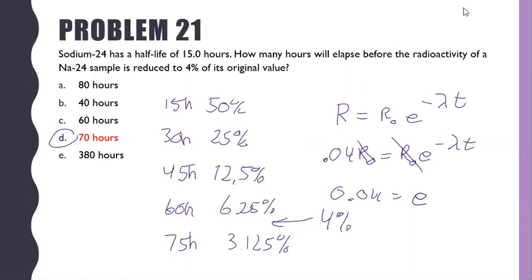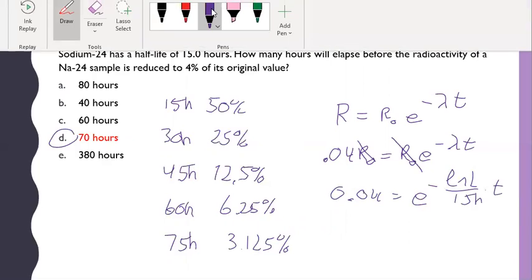And then in my exponent, what do I have? I have λ, that's the natural log of 2 divided by the half-life, and then times t. If I put the half-life in hours, and then I rearrange and solve this for t, my t will come out in hours. It will match whatever I start with.